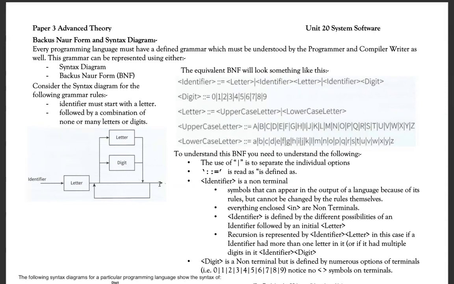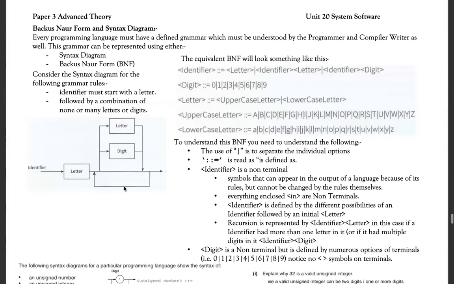And if you follow these arrows and exit properly, that means you have satisfied the rules for defining an identifier. A similar technique is used for Backus-Naur form as well.